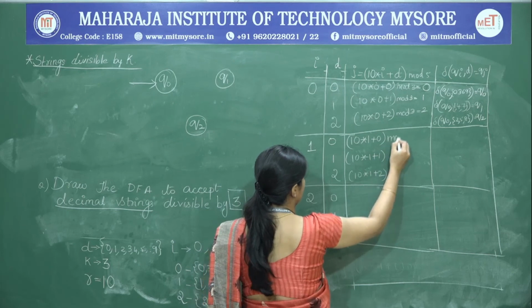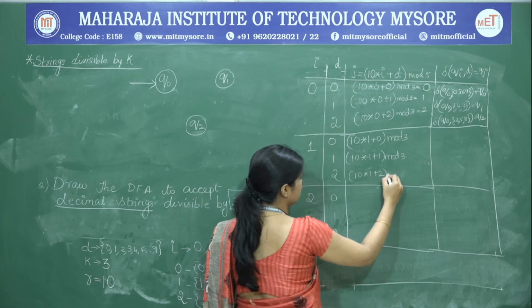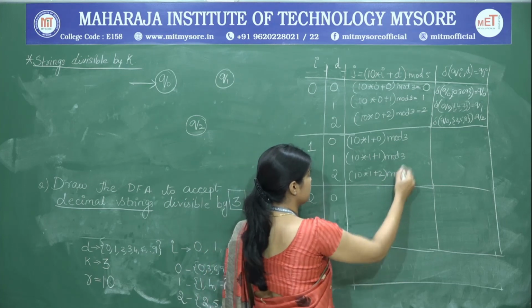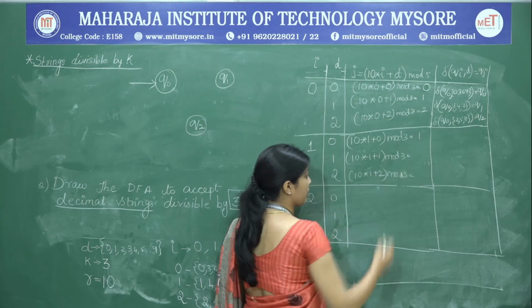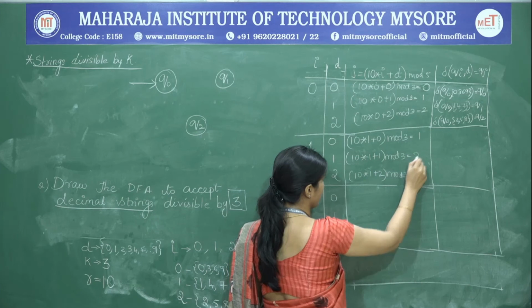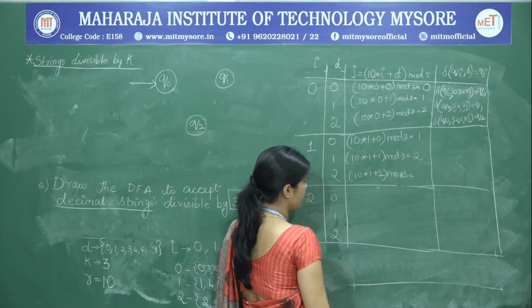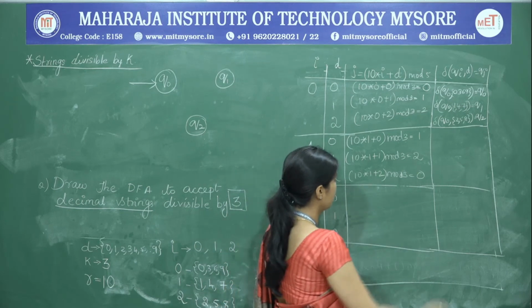So this is nothing but mod 3 everywhere. Ten mod 3 is going to give us 1. Next we have 11 mod 3, which is going to give us 2. Next we have 12 mod 3, which is going to give us 0, because 12 is exactly divisible by 3.